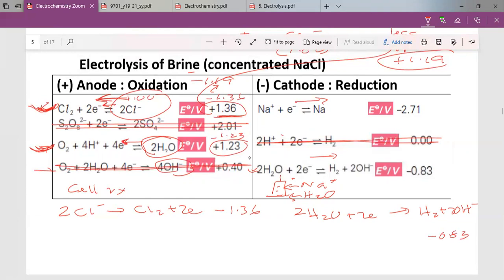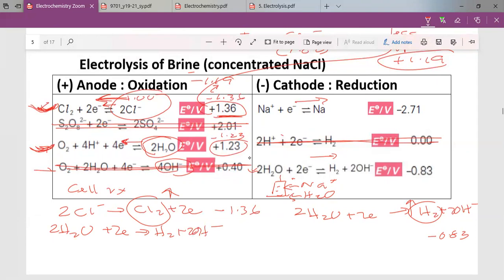Okay, so what is given out here? Chlorine gas is given out here, and hydrogen gas is given out here. That's why you see now the ratio is 1:1. Why 1:1? Because the 2 electrons can be put down here: 2H2O plus 2e to give you H2 plus 2OH minus.